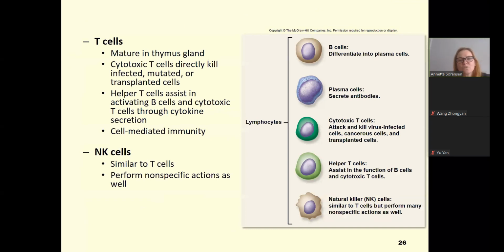And the cytotoxic T cells can directly kill cells which are infected, mutated or transplanted cells. Now, what that really means is the cytotoxic T cells can directly kill cells which are presenting antigen that is foreign.